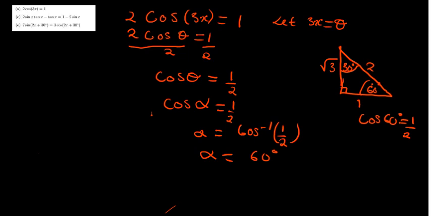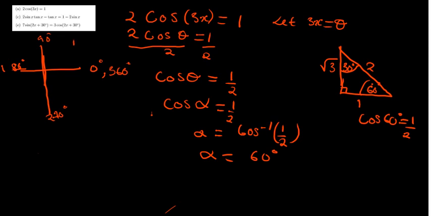Okay, so we know that cos theta was positive, so one of the angles is 60, but we should also take into consideration the quadrants. So we have quadrants, with 0, 90, 180, 270, then to make a complete revolution 360.